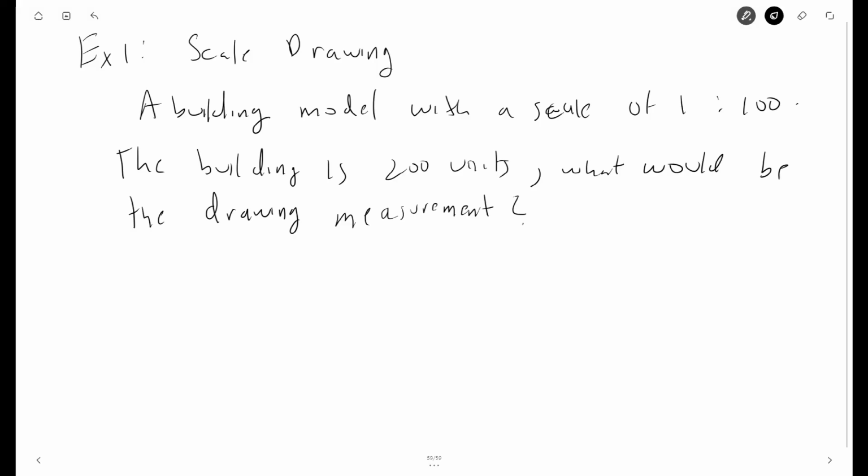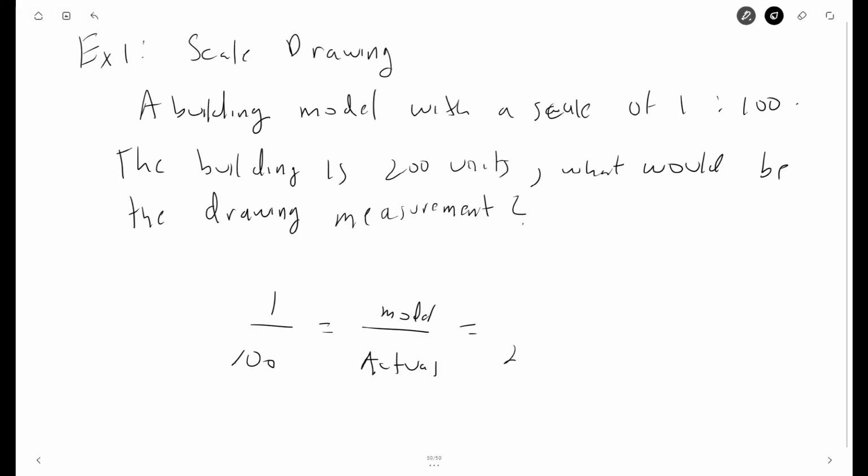So for that, we can say that the scale is 1/100, which is model over actual.